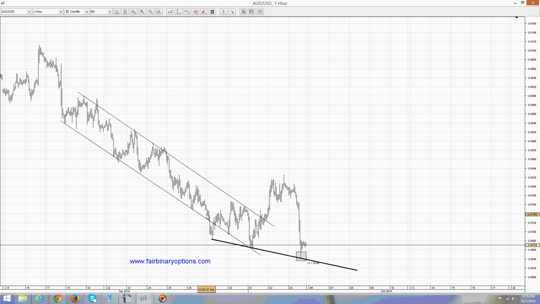So this might very well be A, B, C, D, E starting from here, and all the rules of an expanding triangle should be respected, including the fact that the E wave is the most time consuming and the longest wave of the whole pattern.